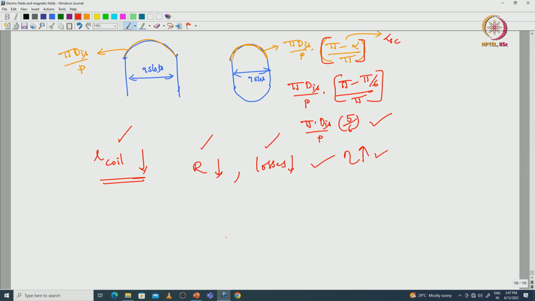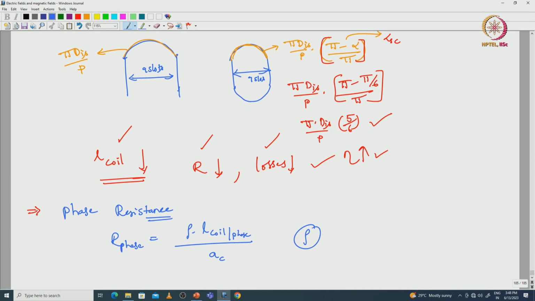Once the length is calculated, next we have to calculate the phase resistance. R phase is equal to rho times L coil per phase by the area of cross section of each conductor.